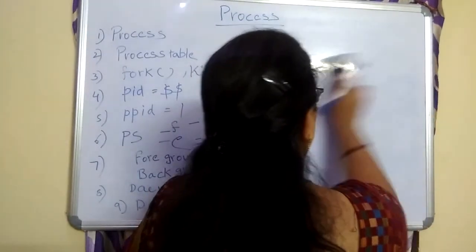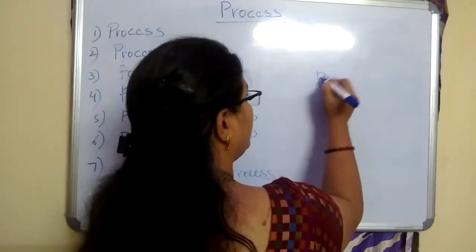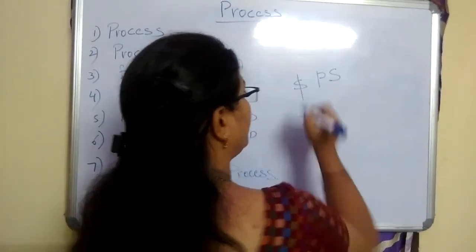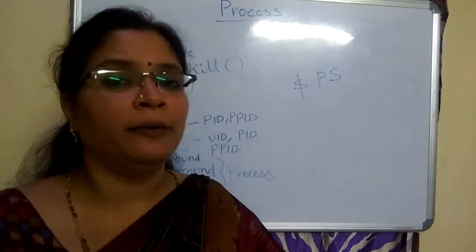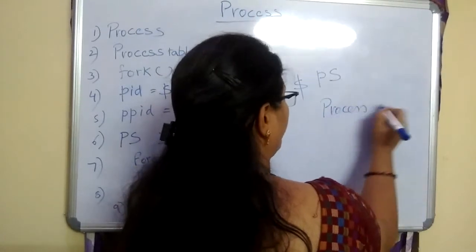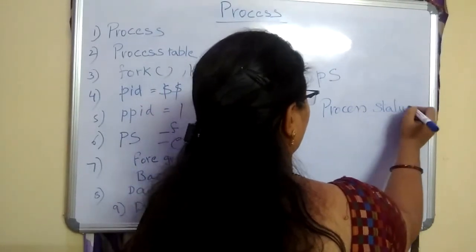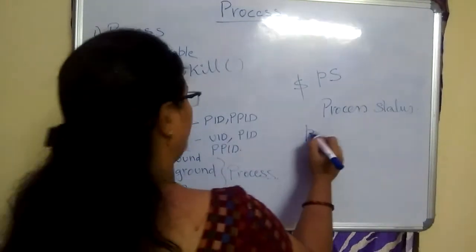Next. Already in the Linux operating system, we discussed one command which gives the entire information regarding the ongoing processes, called the PS command. PS stands for process status. We have already discussed it in our previous video lectures. PS has certain options.